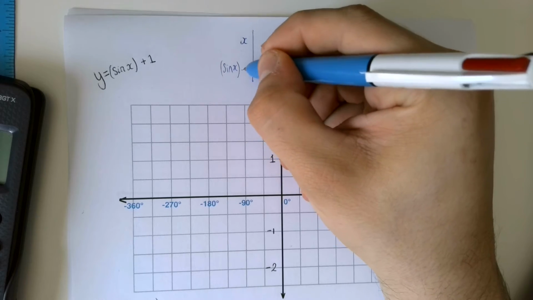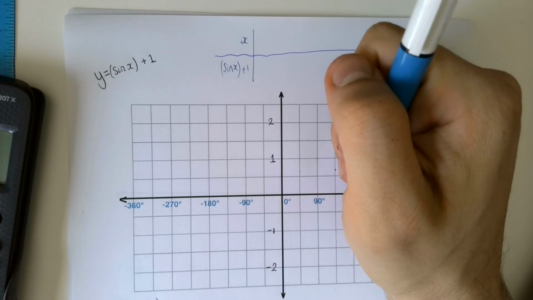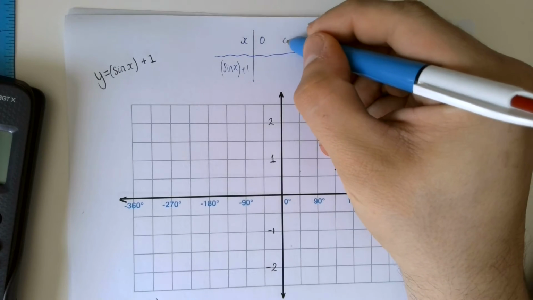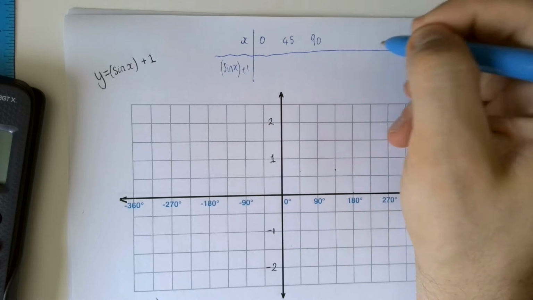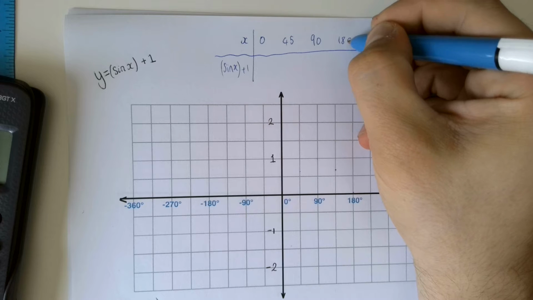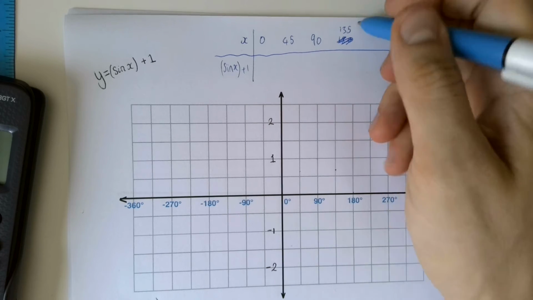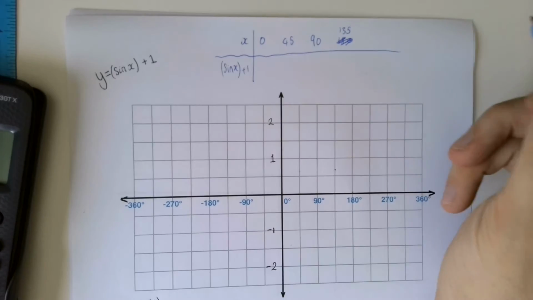So my y is sine x plus 1, my x is just x. Okay, so what I'm going to do is, as you saw before, put in several values of x, just jumping up by 45 each time.